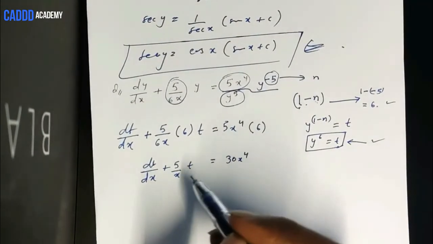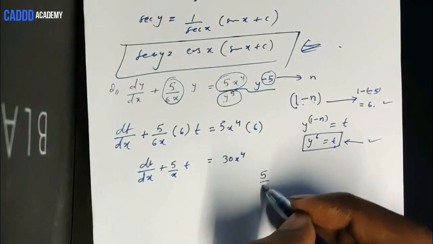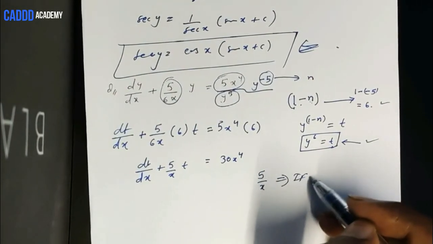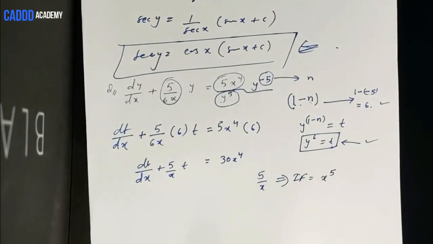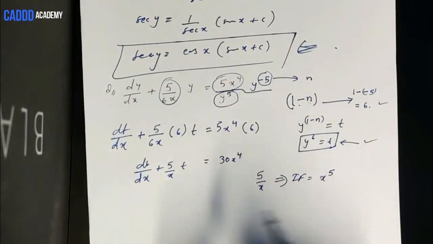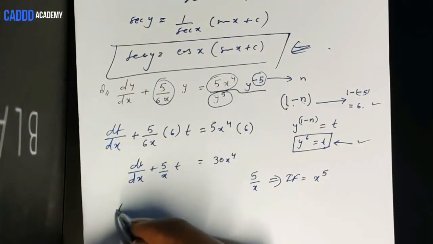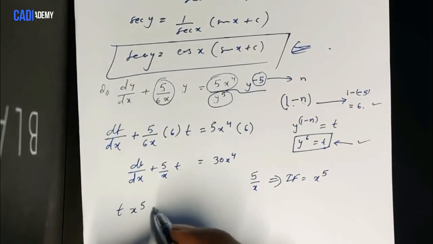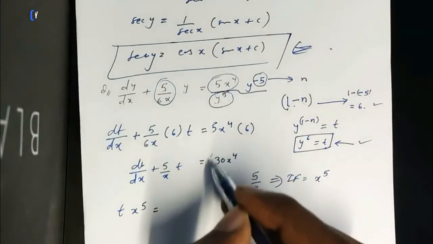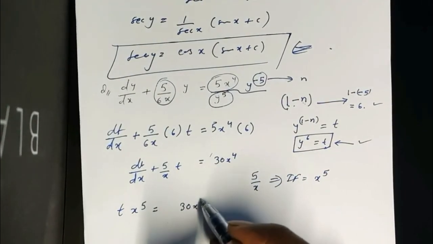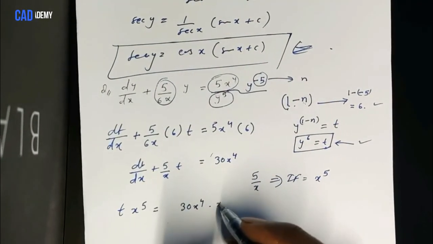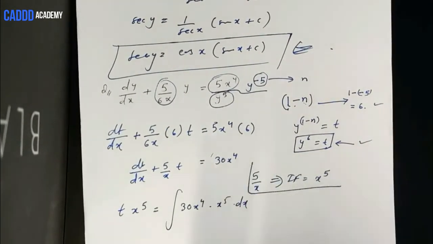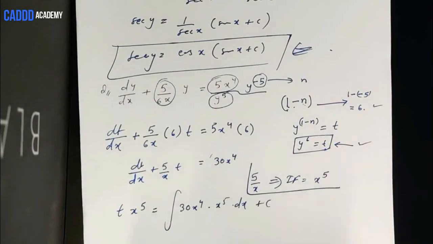We have seen earlier that if this term is 5 by x, then we will have the integrating factor as x to the power 5. After that we do t into that integrating factor, x to the power 5, is equal to this term 30 x to the power 4 into the integrating factor, whole integration, plus c.